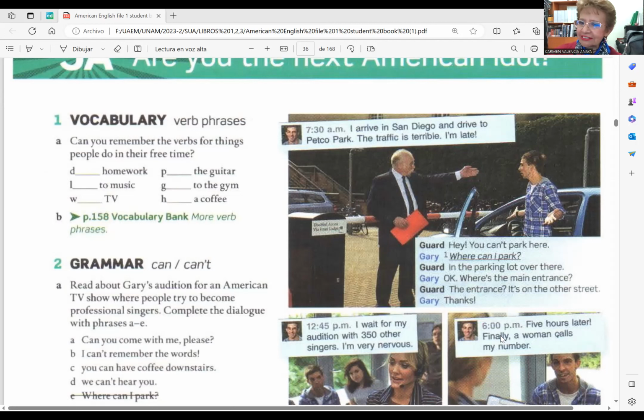If you can see in this sentence, the most important thing is that you don't have any kind of permission to park there. Why? In this case, Gary asks the question, where can I park? And the guard says, in the parking lot over there. Okay, where's the main entrance? The entrance? It's on the other street, thanks. Okay.